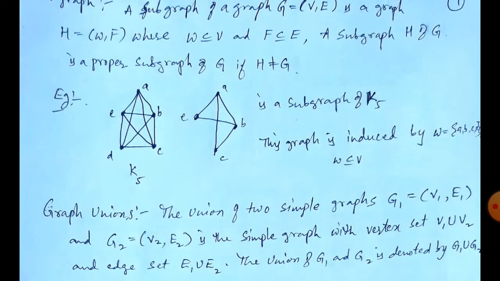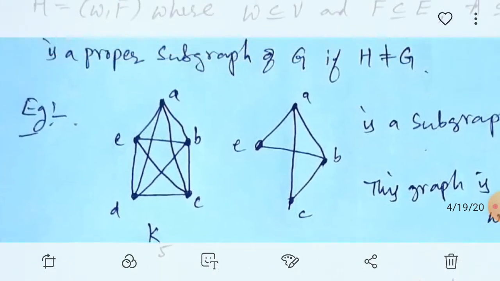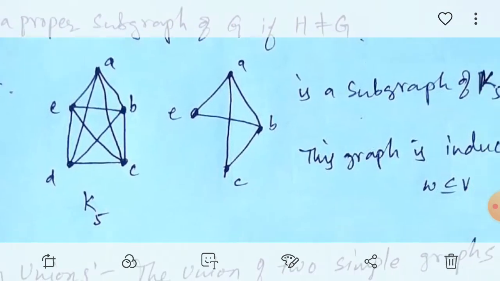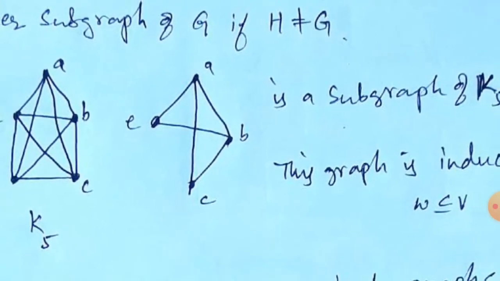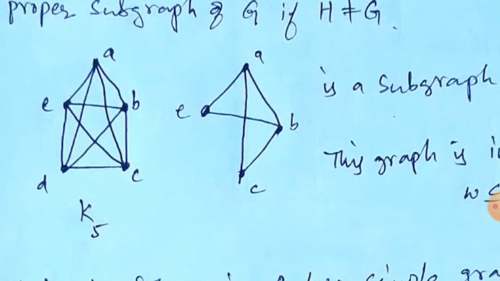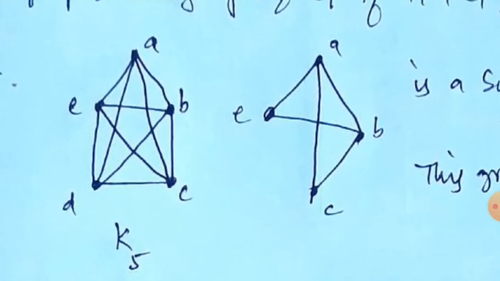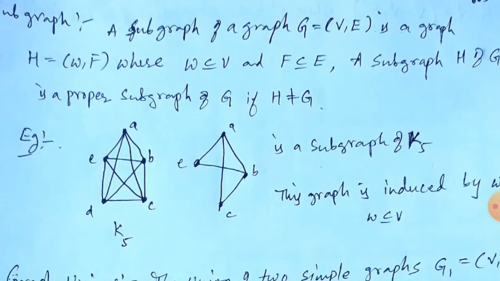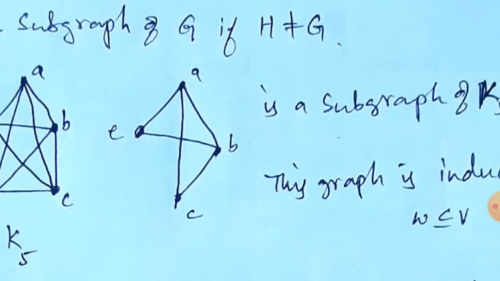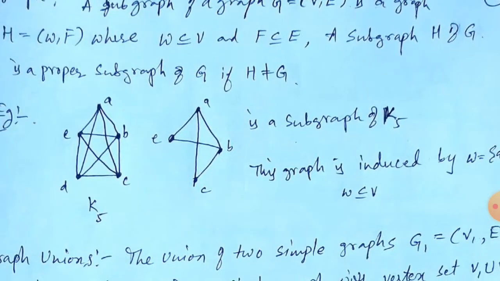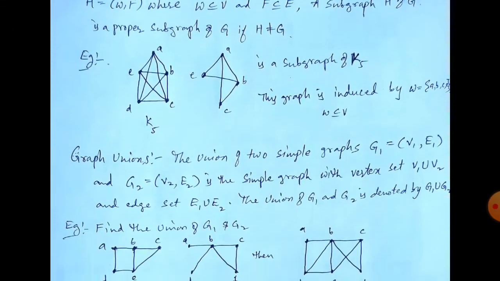The vertex set in K5 we can call V, and in this subgraph we can take the vertex set as W. Clearly W is a subset or equal to V. If we take all the edges in K5 as E, and all the edges in the subgraph as F, then F is clearly a subset or equal to E. So this is called a subgraph.